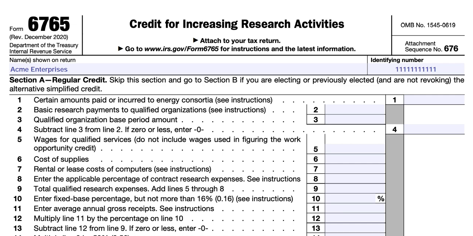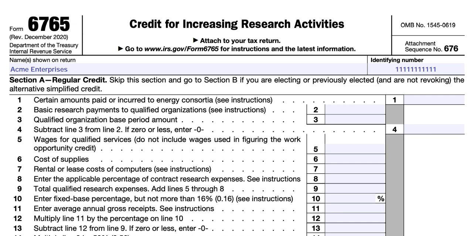So that qualified small business for the purpose of payroll tax credit election allows that small business to specify up to $250,000 of the research credit to be allocated towards payroll tax credit offset. So that's an option available.